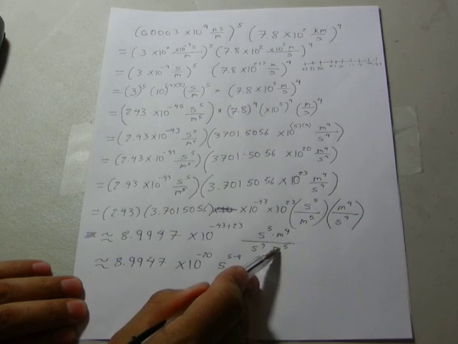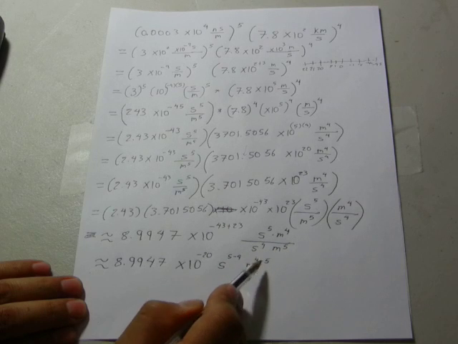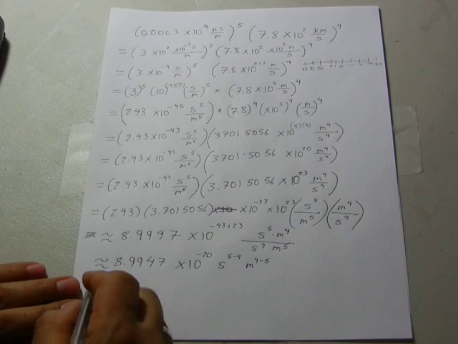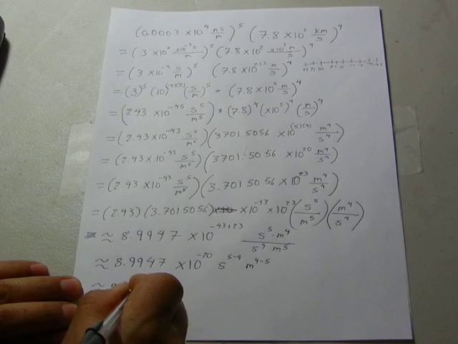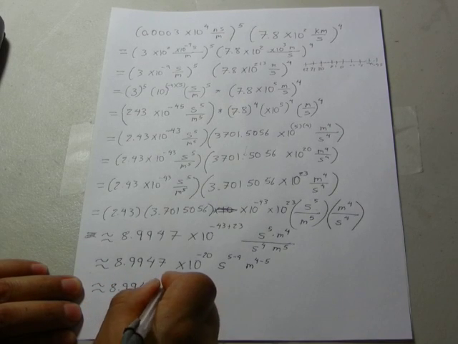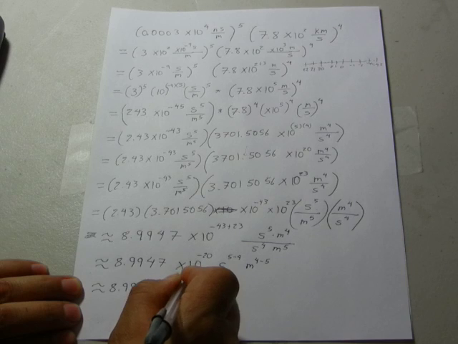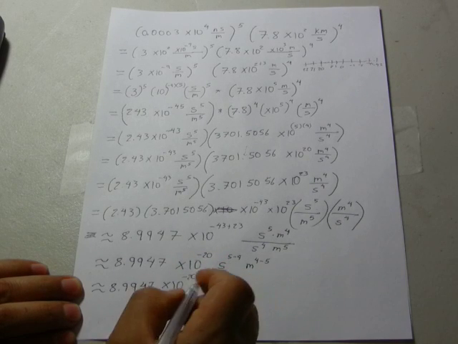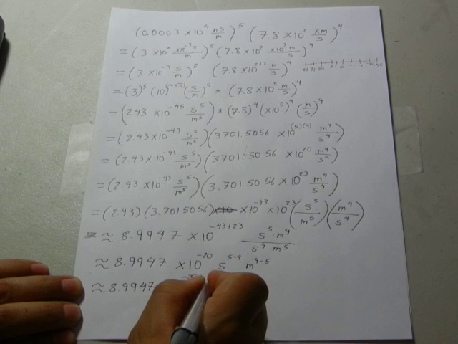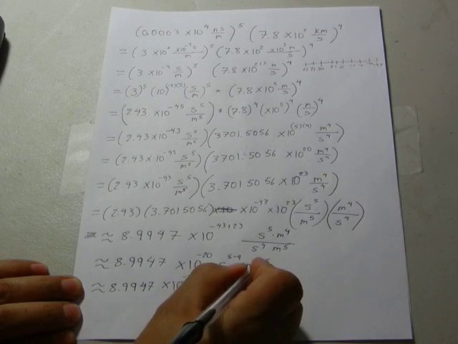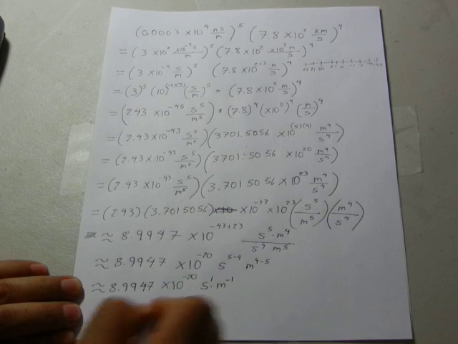Remember, we subtract the power that is in the denominator. At the end, this is going to give me times 10 to the negative 20. So seconds 5 minus 4 is 1. Meters 4 minus 5 is minus 1.